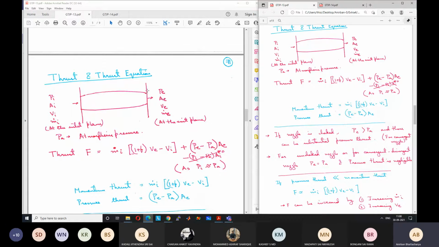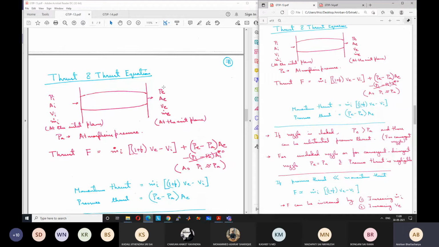There cannot be any further pressure drop in the nozzle in that case. So the exit pressure will be higher than the atmospheric pressure. There will be a sudden jump in pressure outside the exit. So exit will occur at PE, but outside we will have a different pressure PA, and so there will be a jump in pressure outside the nozzle. We'll see this case later on.